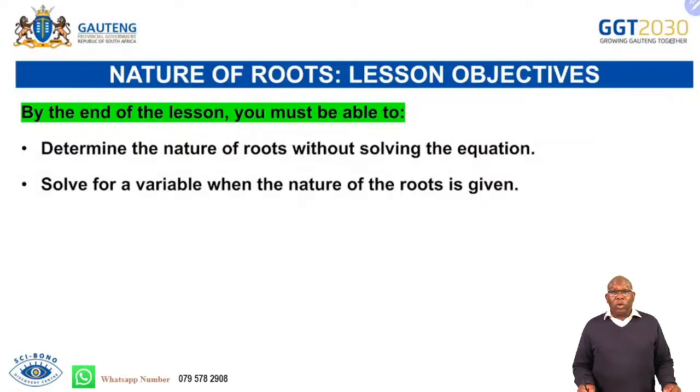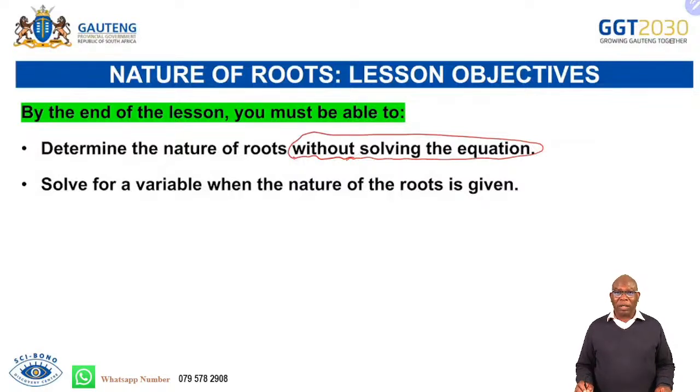The nature of the roots, by the end of this lesson, this is what we must be able to do. We must be able to determine the nature of the roots without solving the equation. And this is a very important part here that says without solving the equation. Because mostly, once we say without solving the equation, you think that we're just writing them down without writing something.